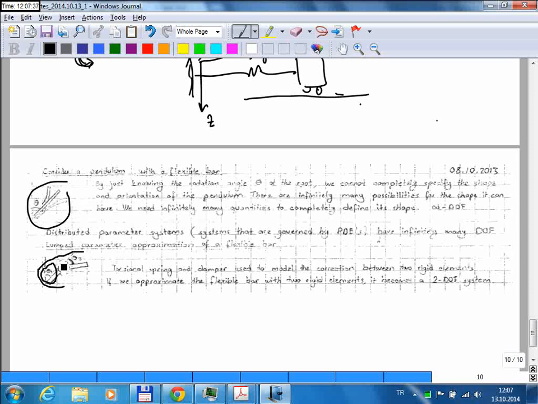But obviously this can only express this bending motion, which is, well, you haven't taken the vibrations course, so it doesn't make sense for me to talk about vibration modes. But this is in fact the first mode, so you can only see the first mode of the bar. So if you want to be more accurate, you can consider more elements, right?